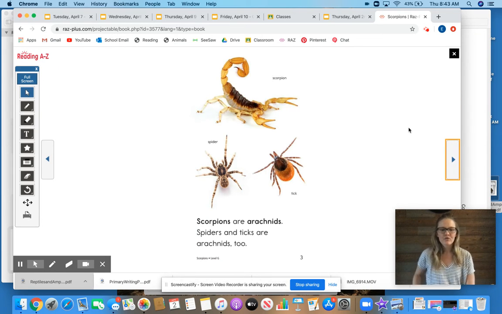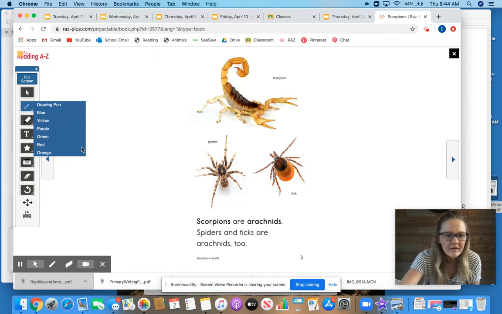Okay, scorpions are arachnids. Spiders and ticks are arachnids too. Okay, there is a sentence here that tells us exactly what a scorpion is. You can find it. I want you to underline it or highlight it. I will do that in my book, and I will do it on here as well.